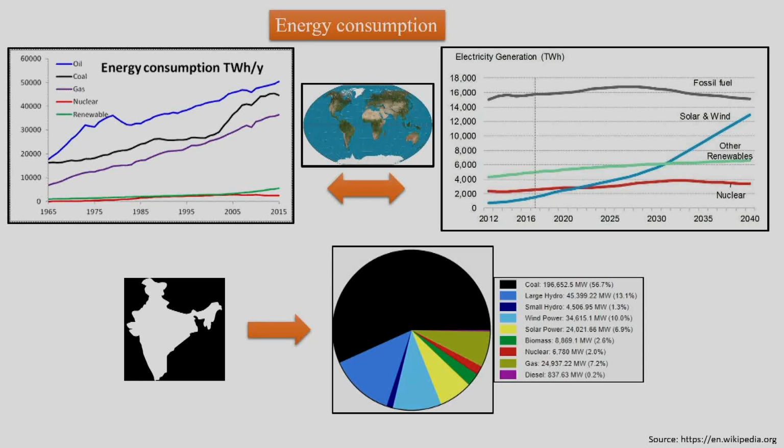So this slide gives an idea of the world energy consumption, and it can be seen that world energy consumption is based upon various sources, which include oil, coal, gas, nuclear and renewable. Renewable would basically have hydro, biomass, wind, solar.